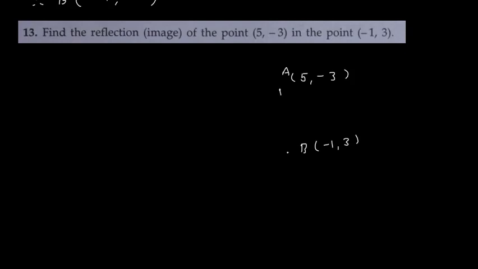Now you have to find the reflection of this point A in this point B. So when we say reflection in point B, that means we have to extend the same line on this side, and at the same distance I will get this point A dash, or A1 you can say. This you have to find out. So this is A dash, which we don't know actually.